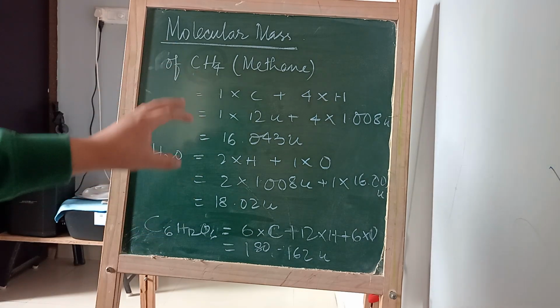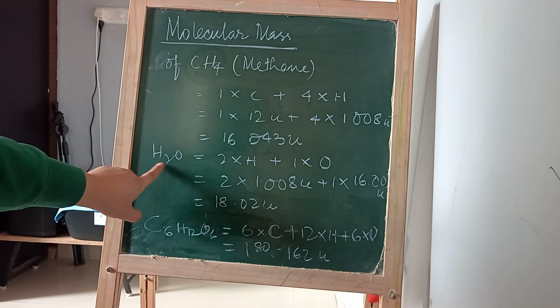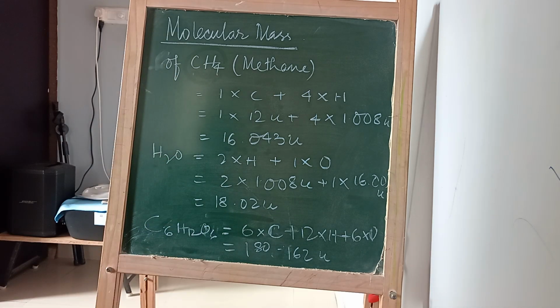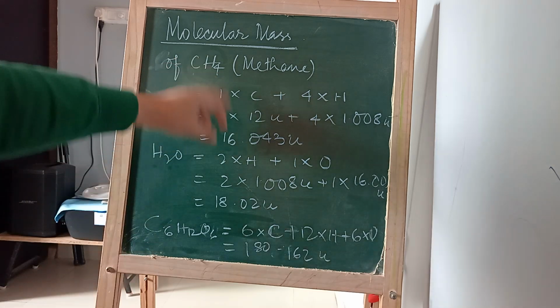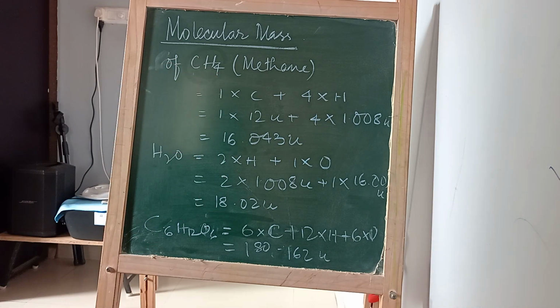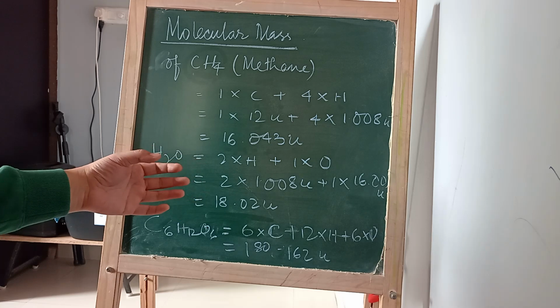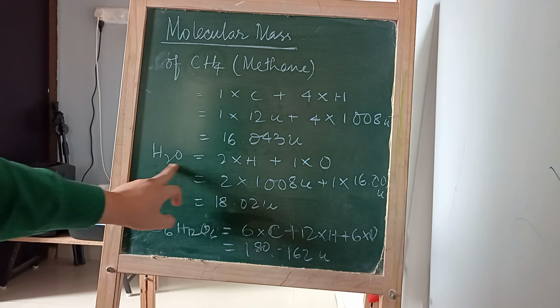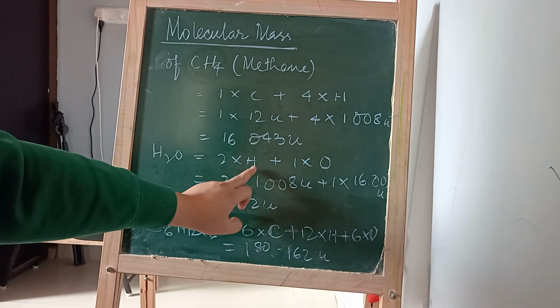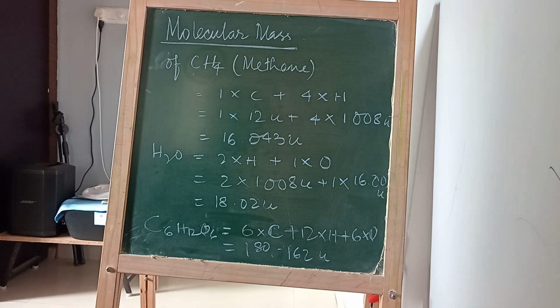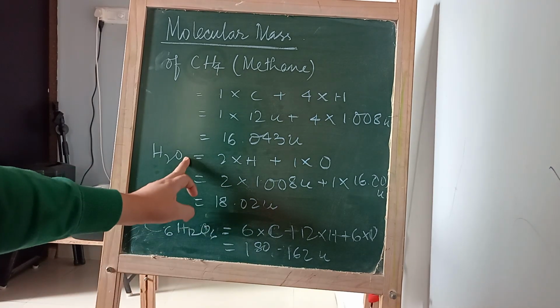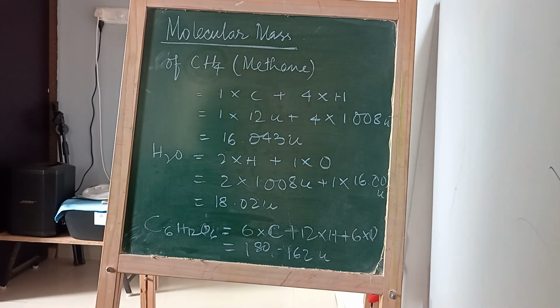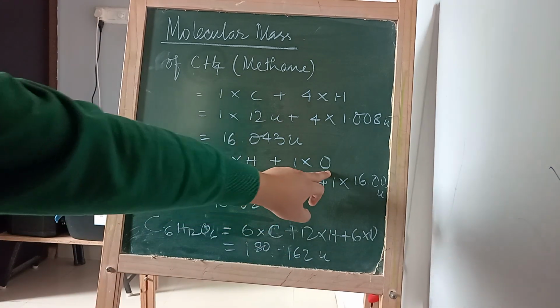Similarly, if you want to calculate the molecular mass of water, which is represented as H2O, it's very common. We've been learning this right from class 7 or 8. You just calculate in a similar way. It's better to put the number of atoms first: 2 into the atomic mass of hydrogen, plus 1 into the atomic mass of oxygen.